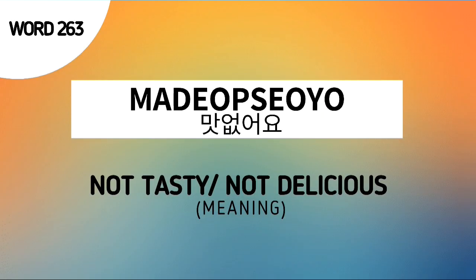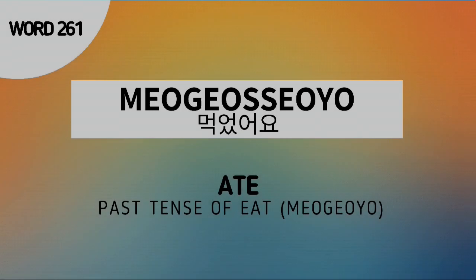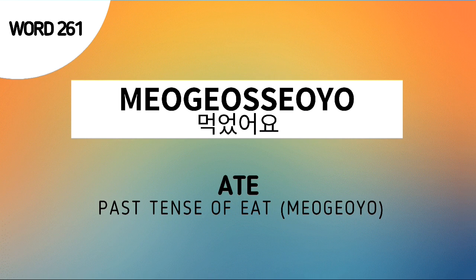Word number 263 is 맛없어요, which means not tasty or not delicious. Word number 262 is 맛있습니다, which means delicious in a formal manner. Word number 261 is 먹었어요, which means eat.